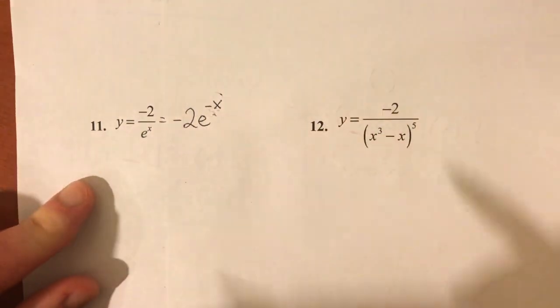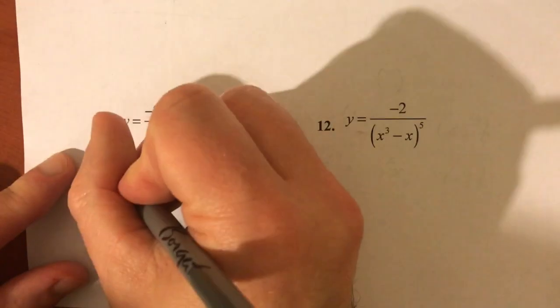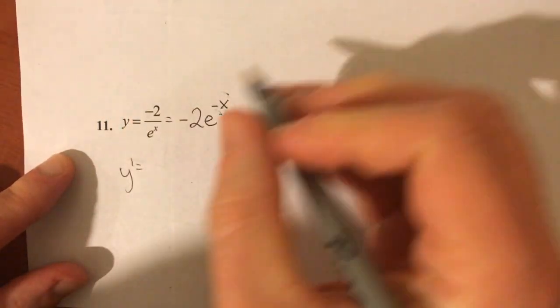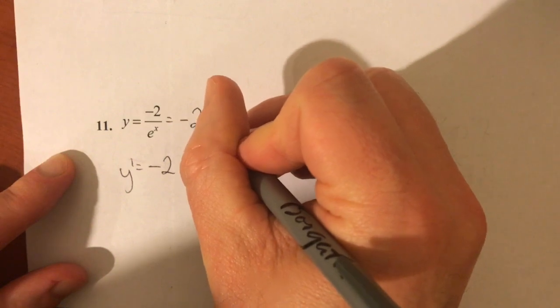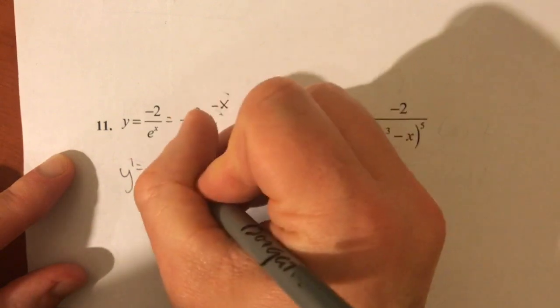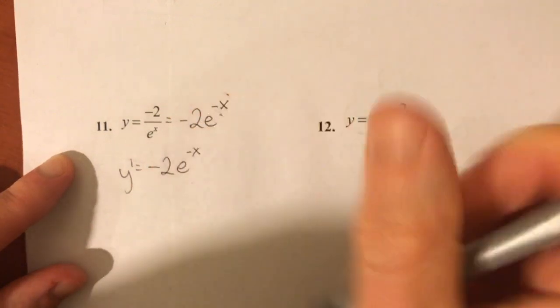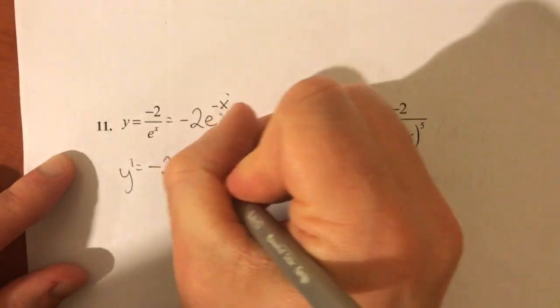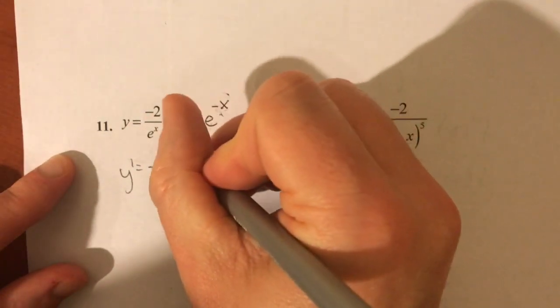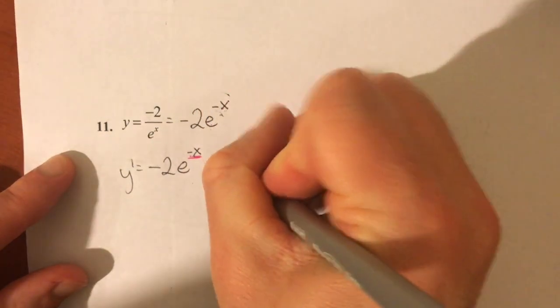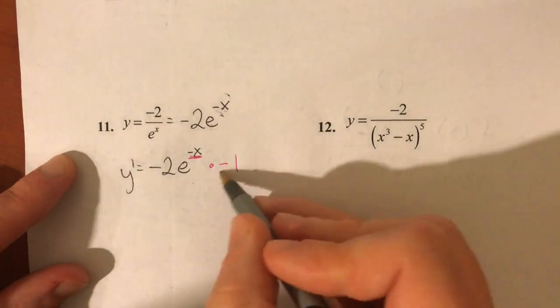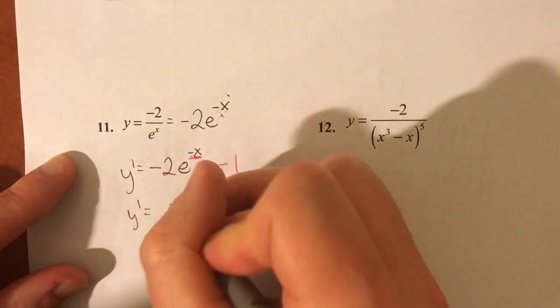And so even just doing this requires it. So y prime is -2 times, what's the derivative of e to the -x? E to the -x multiplied by the derivative of -x. The derivative of -x is -1. So that will actually make +2 out in front.